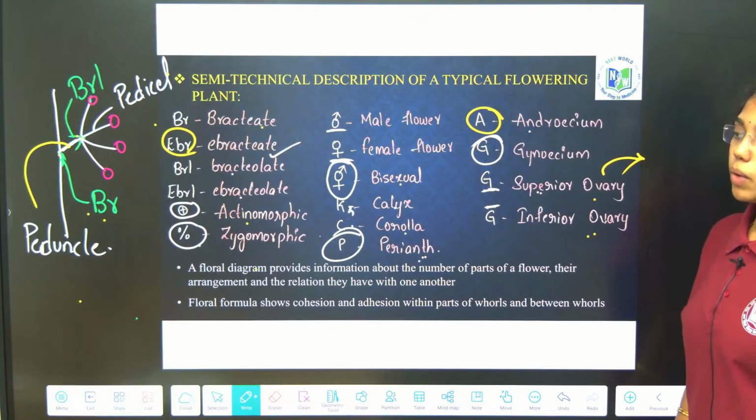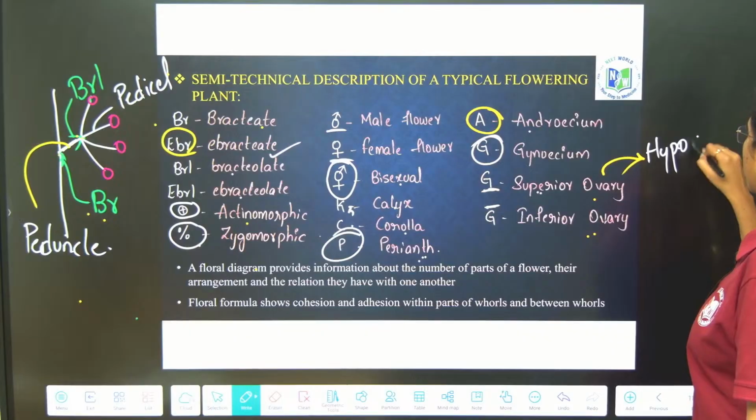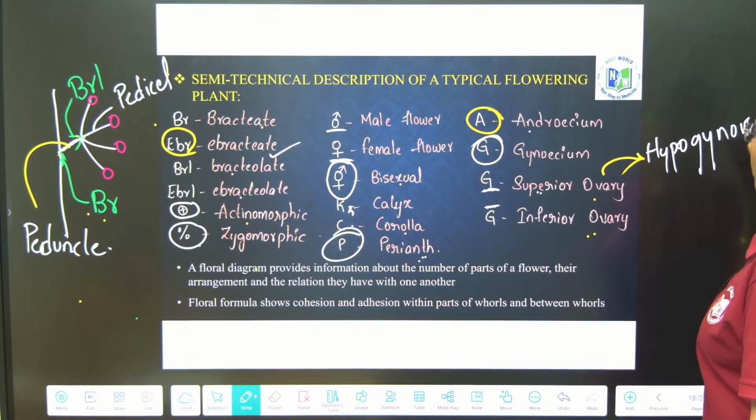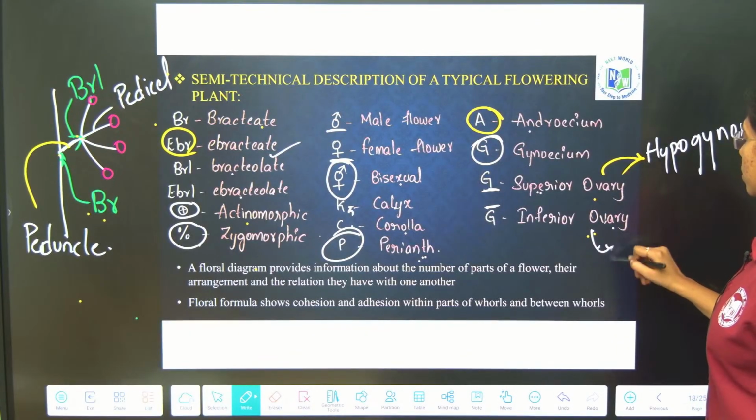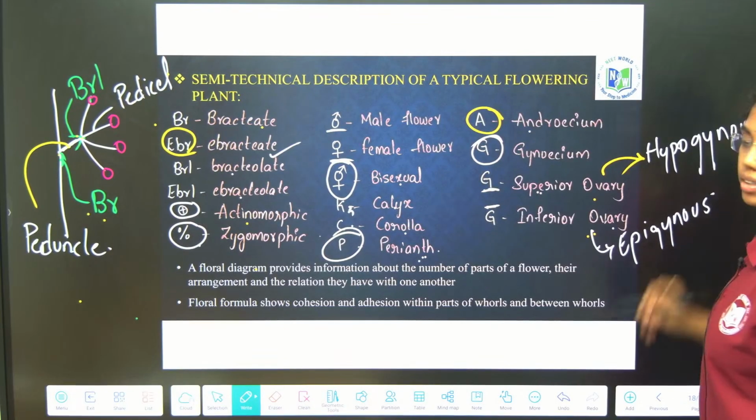Superior ovary is seen in what type of flowers? Inferior? This is the basic thing.